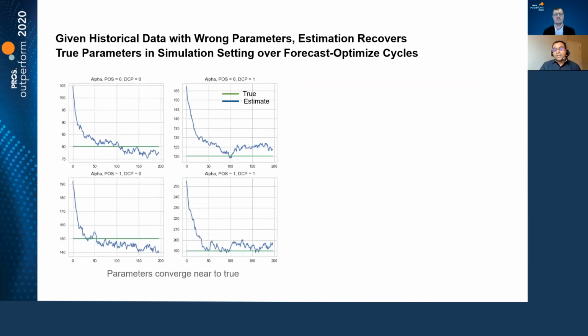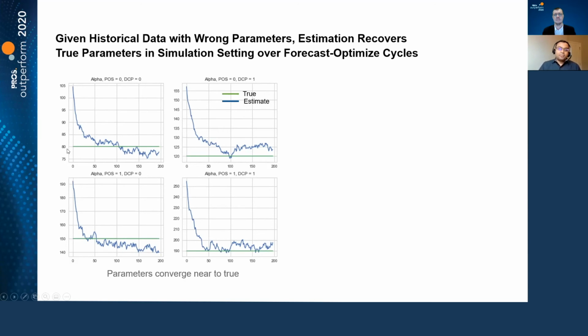So one such test in this picture on the left, we are showing you how the parameter values, in this particular case, the alpha parameter value, which starts off with around 50% error, as it gets more data, you see it quickly converges to the true value, which is denoted by the flat green line.